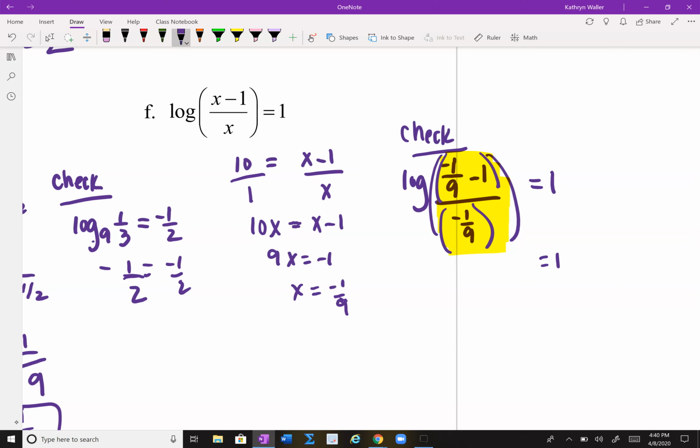Okay, so here's how you do it. Do it with me. Go log, parenthesis, negative 1 divide 9 minus 1, close parenthesis, divided by parenthesis, negative 1 divide 9, close parenthesis, hit enter. I got 1 equals 1, totally checks out.